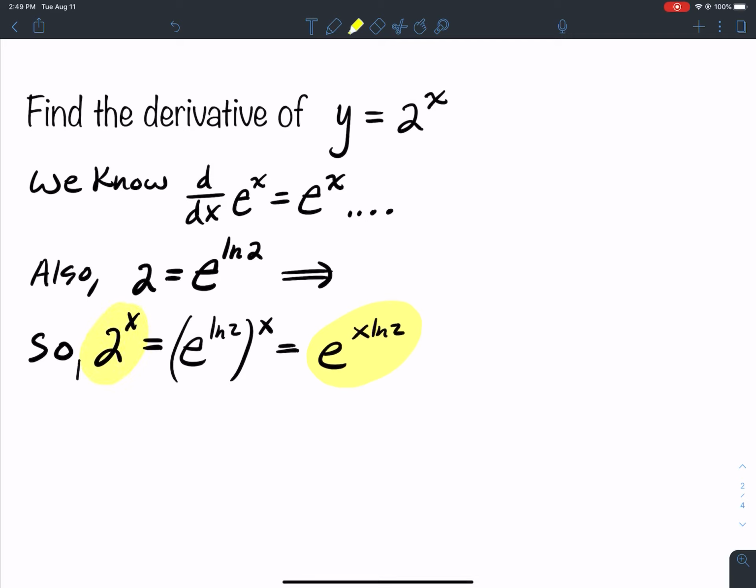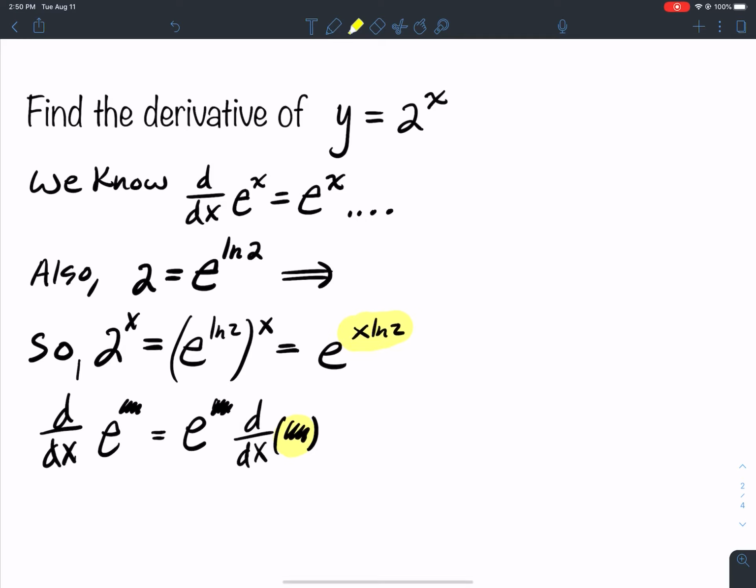And why is this important? Because look, we know the derivative of e to the x is e to the x, right? So now we have e to the stuff, and we can apply the chain rule. So the derivative of e to the stuff is e to the stuff times what? The derivative of the stuff here.